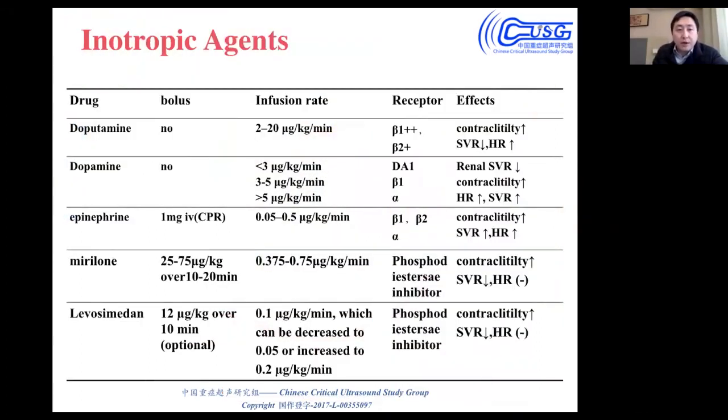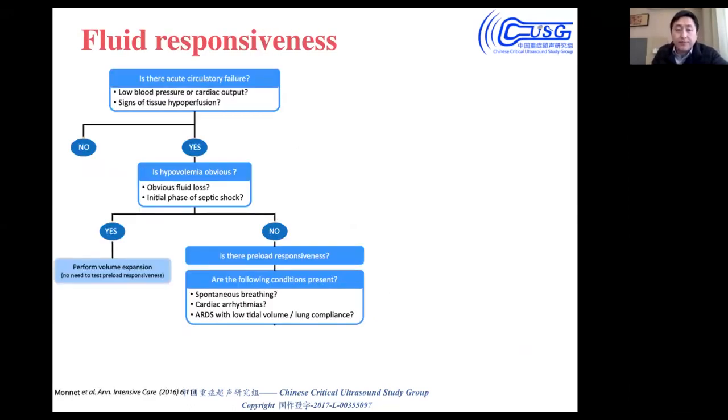We have many inotropic agents listed in this table, and we do not spend time to explain the drugs, as you all know the drugs and use them well.